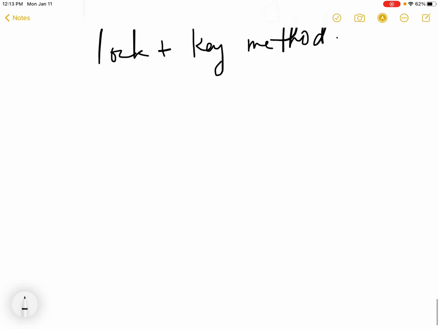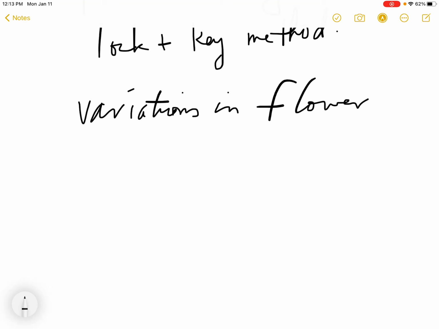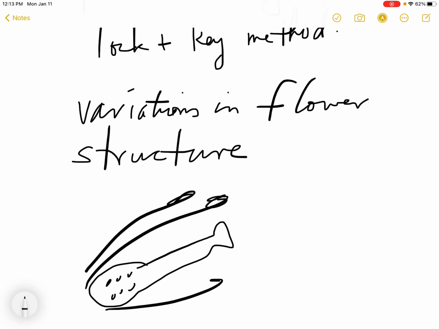Right? For plants, this also happens where you have variations in flower structure. Again, the flower has to receive the pollen from another flower, and that pollen has to land on the pistil. Remember that pistil, the female part of the flower, and at the bottom are the ovaries with the seeds inside waiting, and then you have the stamens that produce the pollen. This is inside the flower, right?